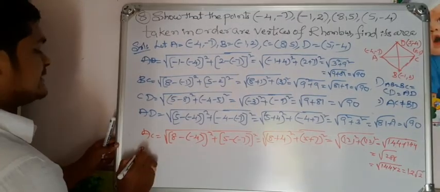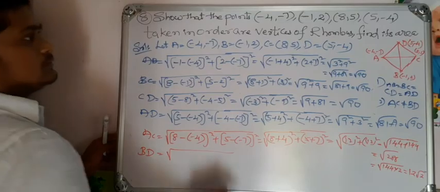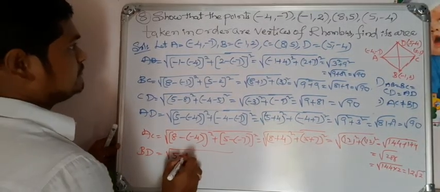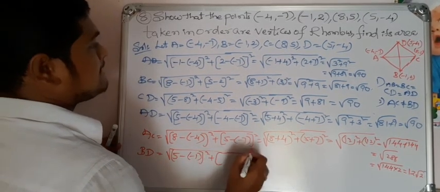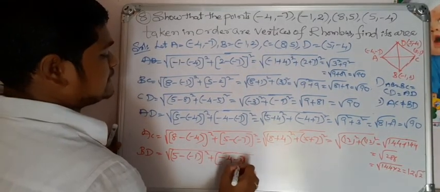Next find BD. BD is equal to root over the second point and last point: (5 - (-1)) whole square plus (-4 - 2) whole square.